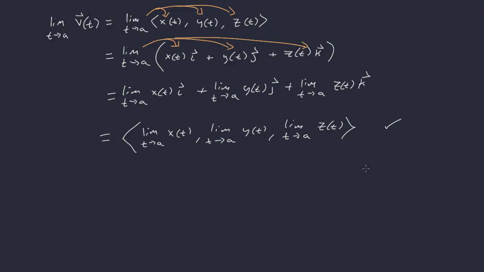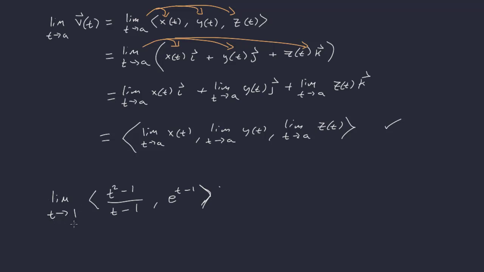Okay, so just to give an example, if I wanted to say take the limit as t goes to 0 of, let's say, this vector-valued function here. Okay, let me actually change that.